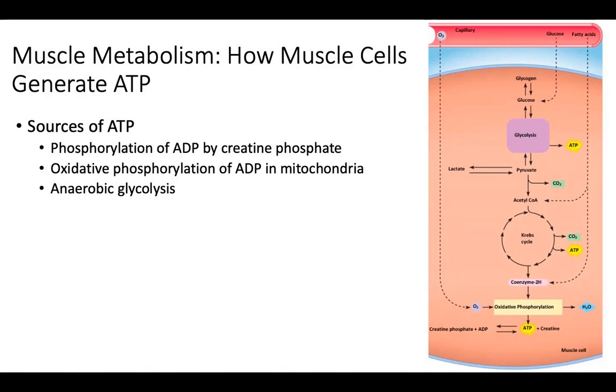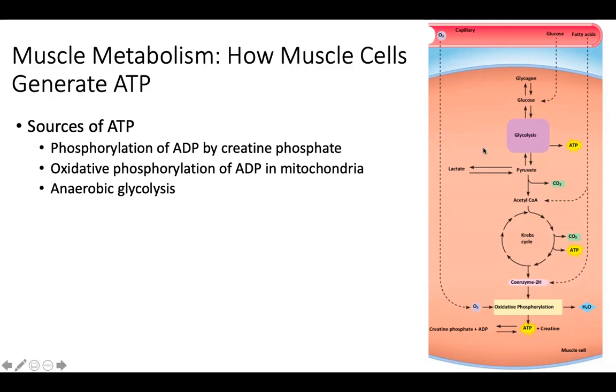The other two mechanisms are, one is oxidative phosphorylation of ADP in the mitochondria. This we would have talked at length about when we looked at cellular respiration. We looked at how much more ATP was generated by the electron transport chain.